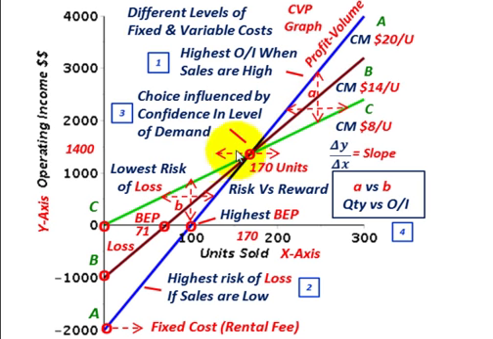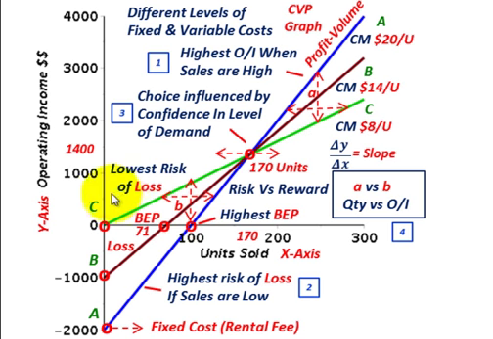But if you're thinking that you're going to sell less than 170 units, then option C becomes the better choice, because that is the lowest risk. There is really no loss with option C. If you don't sell any units, you don't have to pay any fixed cost or fixed fee. Those are the things you want to look at.